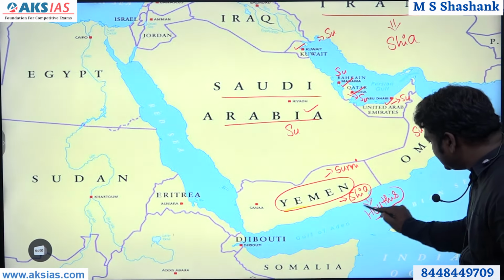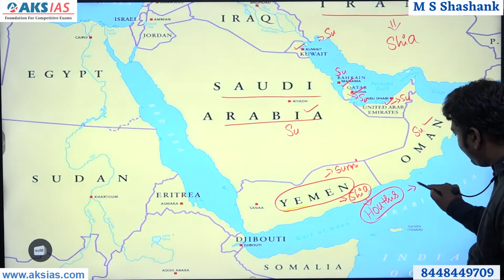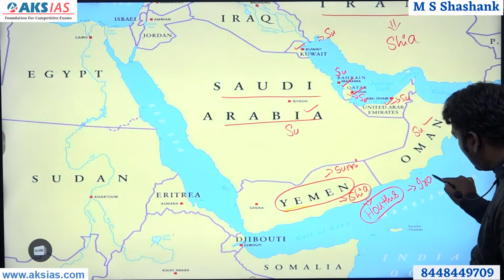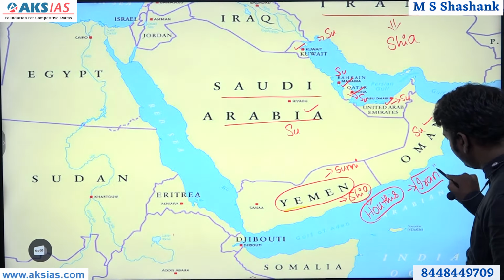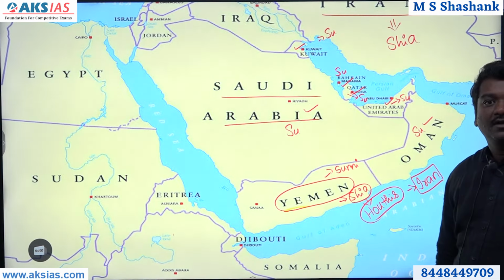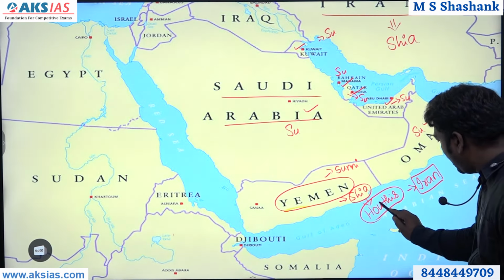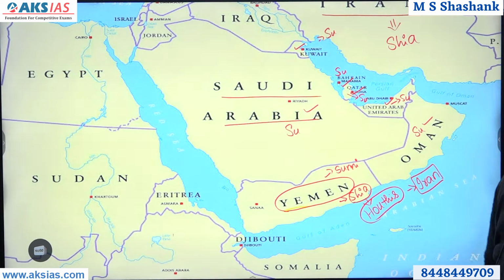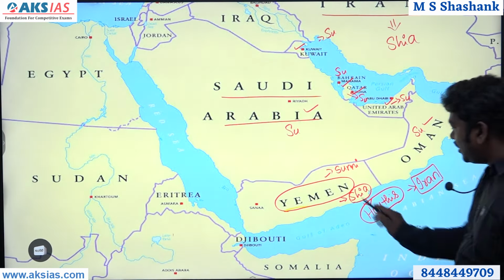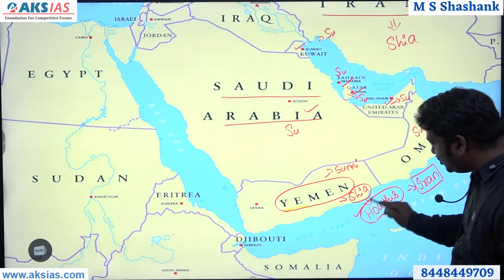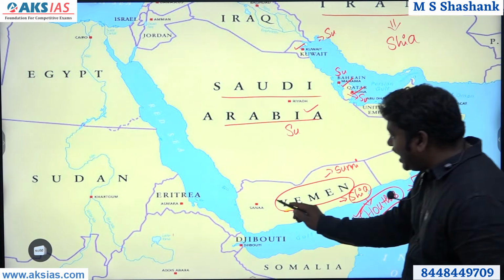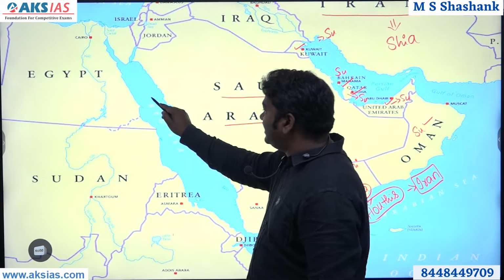These Houthis get their funds and they are directly related to Iran. You see, Shia, Houthis, Iran. Now, what are these Houthis trying to do? They are trying to attack your Red Sea region.